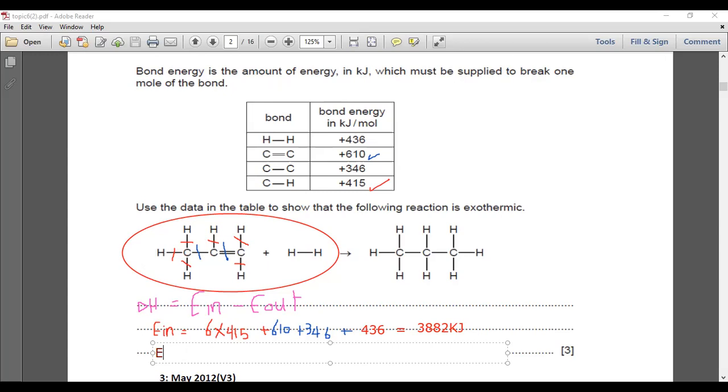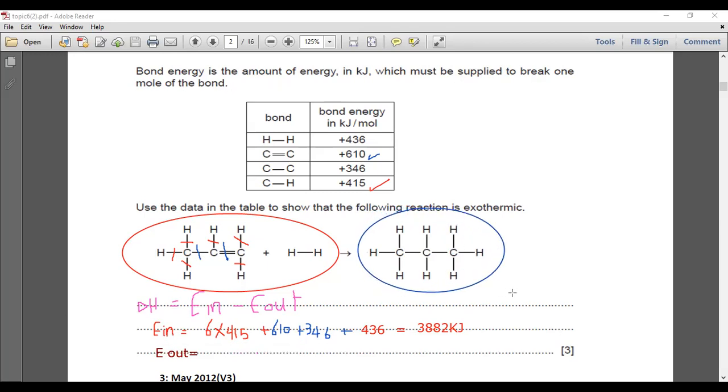Energy out. What is energy out? It is the energy of the product. Who are the products? This is the product. Start with the product. C bond H. How many? 1, 2, 3, 4, 5, 6, 7, 8.